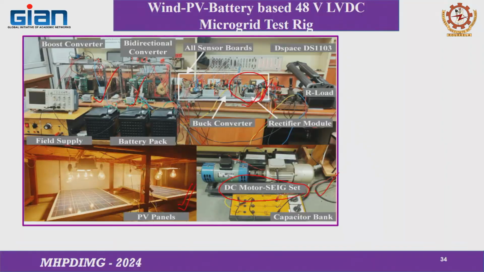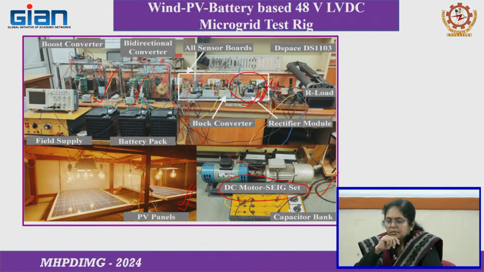Yes, tell me. What method is followed for generating the control signals during the hardware implementation? Method means platform you are talking about? Yeah, platform. Tomorrow, for this microgrid we will be showing a dispatch based implementation.